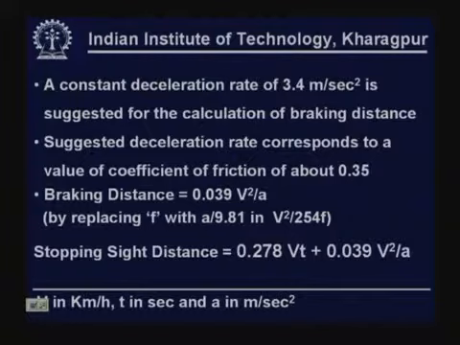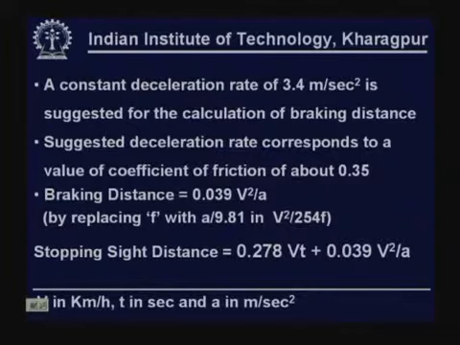Using deceleration rate, the braking distance can be expressed as 0.039 v square by a, where a is the deceleration rate and v is in kilometer per hour.